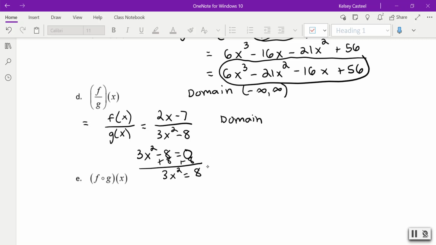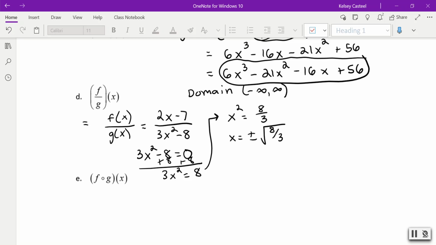Divide both sides by 3. So we would have x squared is equal to 8 over 3. Now to solve for x, I need to take the square root. And when I take the square root of 8/3, there are two options. I have a positive option and I have a negative option. So I have plus or minus the square root of 8 over 3.